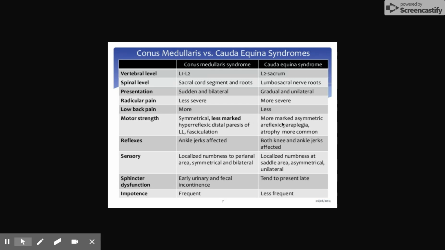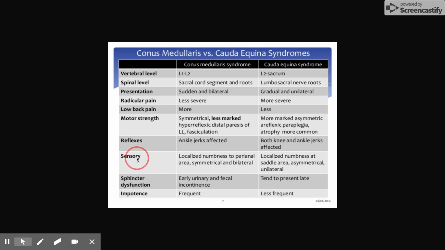However, in cauda equina, you will have asymmetric paraplegia or atrophy. Also, conus medullaris is mostly upper motor neuron lesions. In conus medullaris, only the ankle reflexes are affected. However, in cauda equina, as you can see, both knee and ankle jerks are affected.